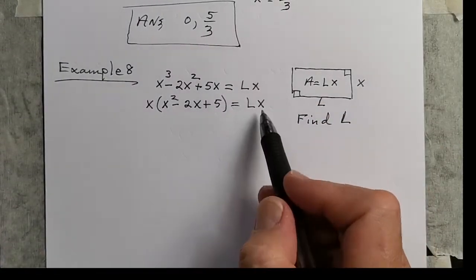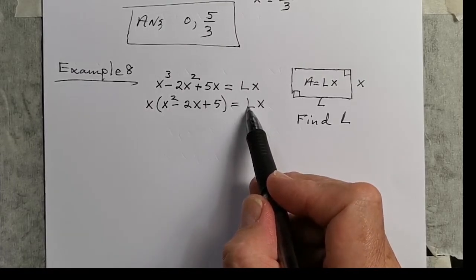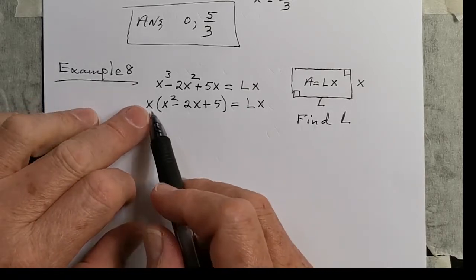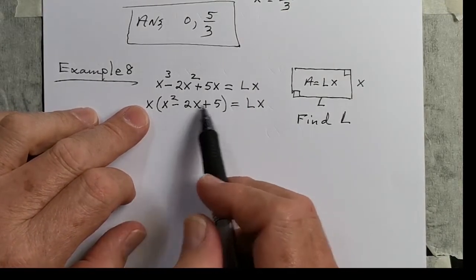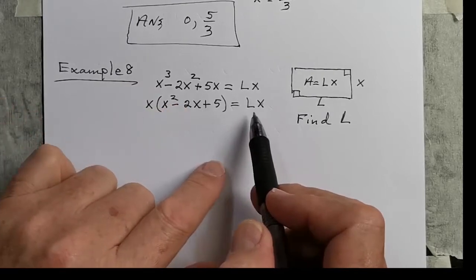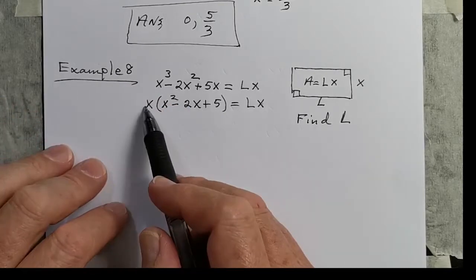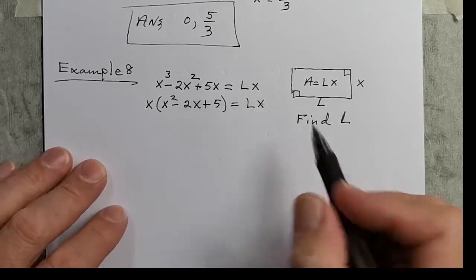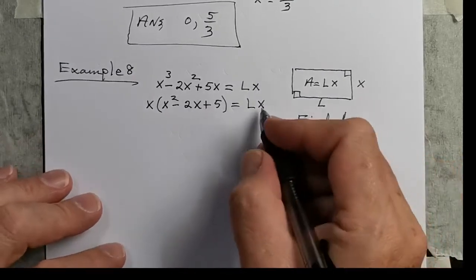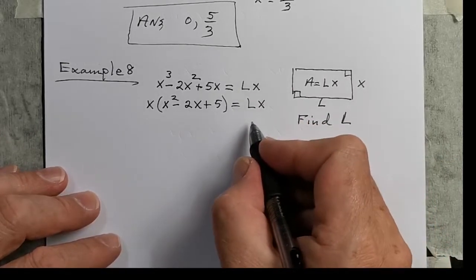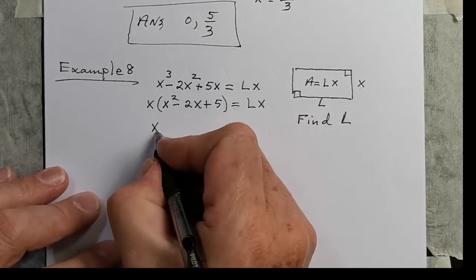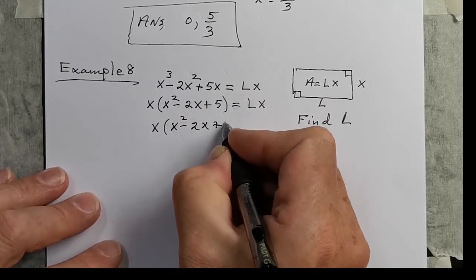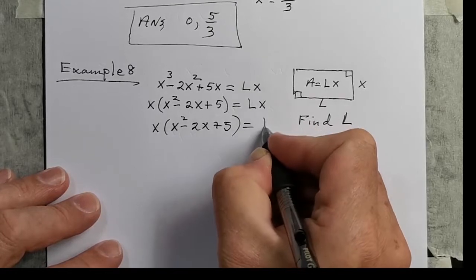Notice that if x is being multiplied by L here, and it's equal to this, what x is multiplied by on the left must be L. So this is L. Or, if you like, the way you can show that now is just divide both sides by x. So x times x squared minus 2x plus 5 is equal to L times x.